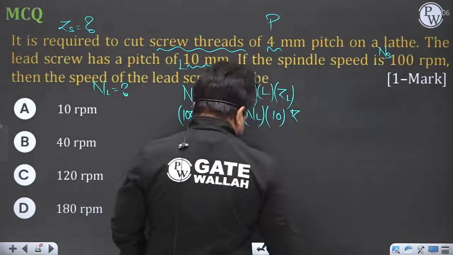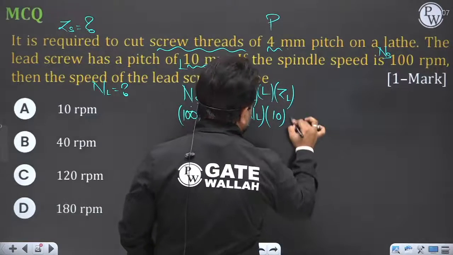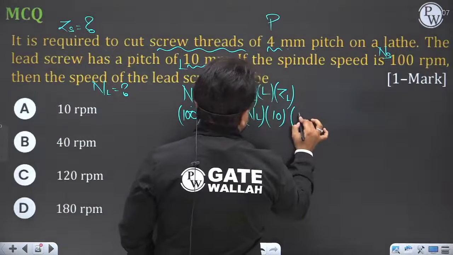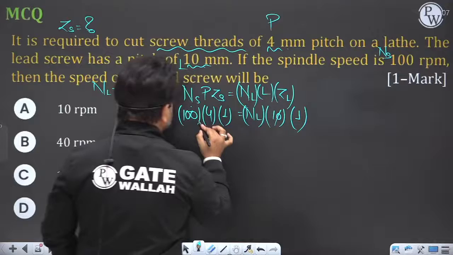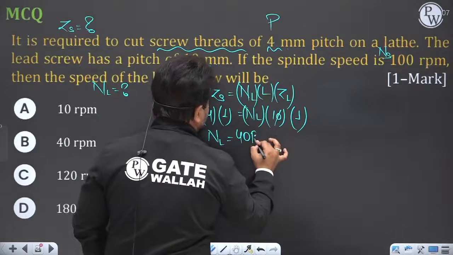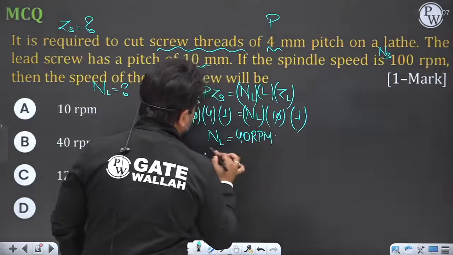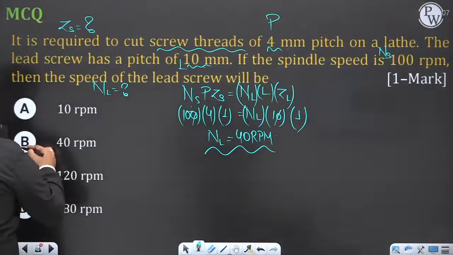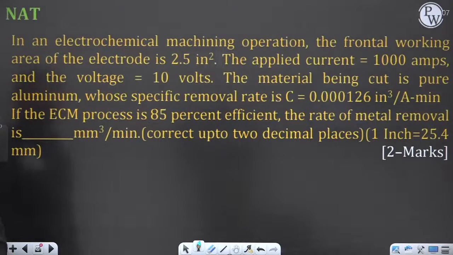ZL is also not given here, so you have to consider it as 1. So what is the RPM? That is 40 revolutions per minute. So the answer is option B.